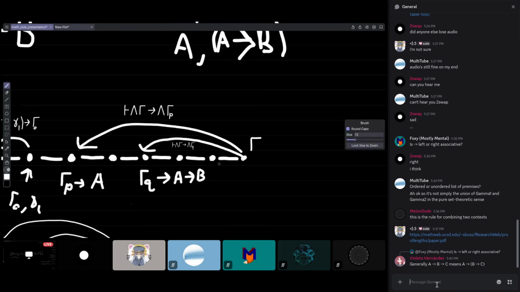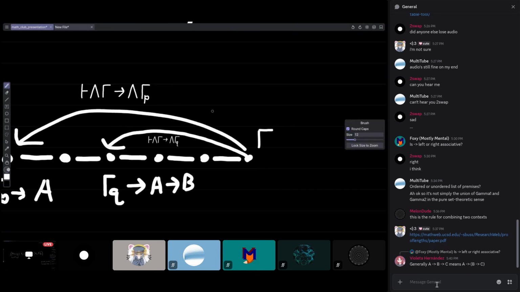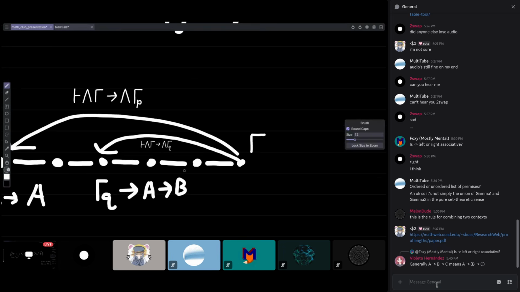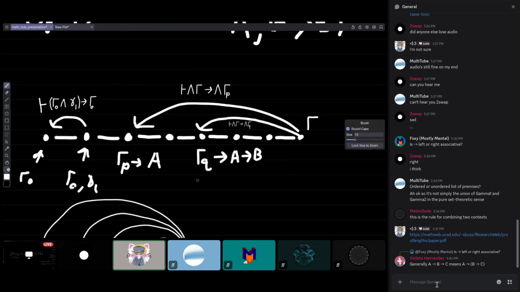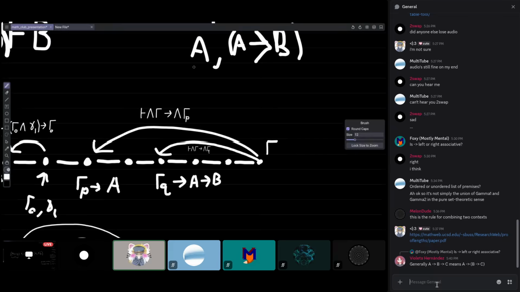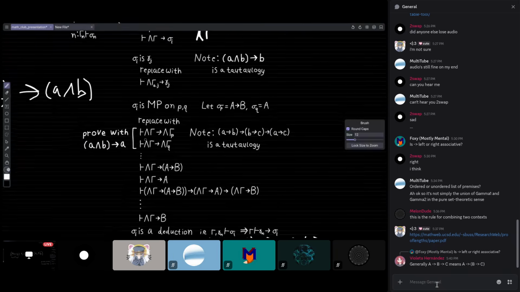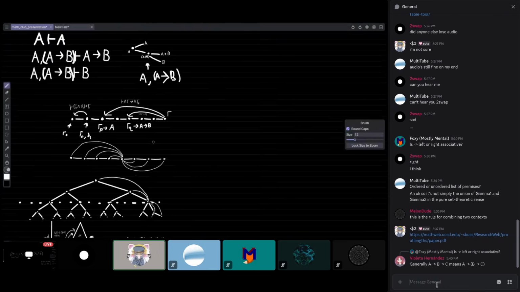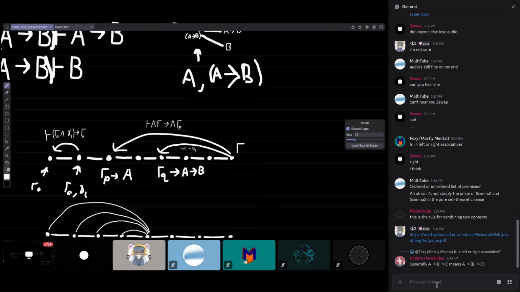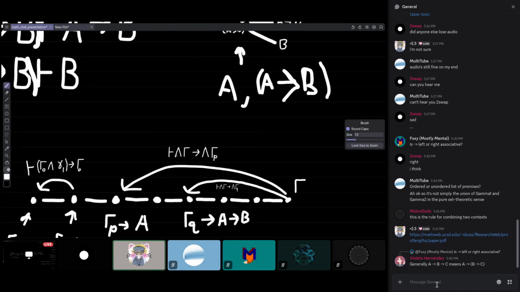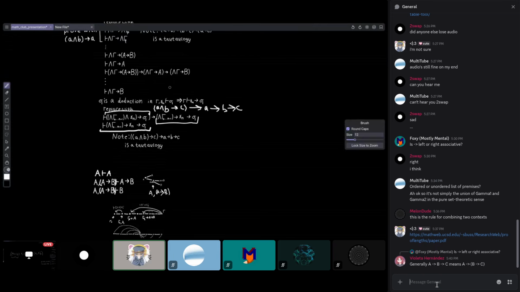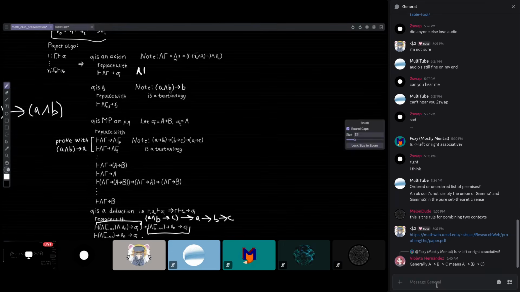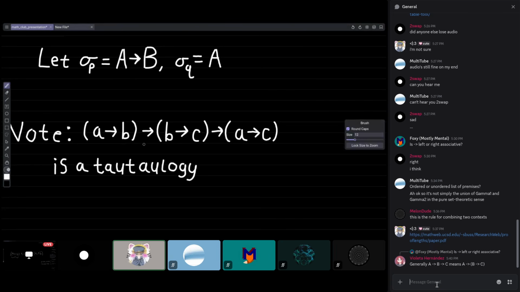Okay. All right. And here's another example. I think my goal here was to show the apply rule and how you could show these two. But anyways, what's interesting about these transport lemmas is that you can compose them because this happens to be a tautology.